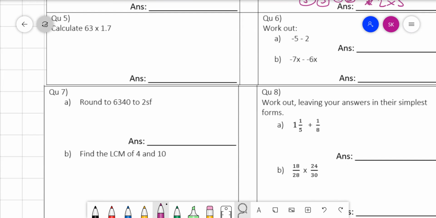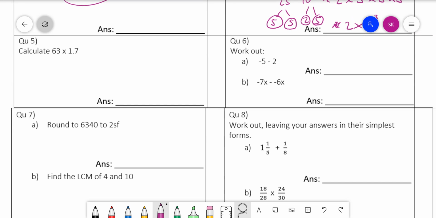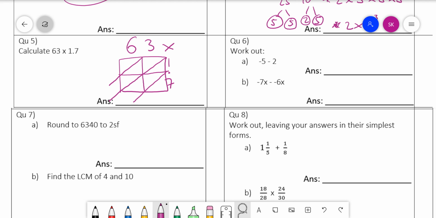Question 5 says calculate 63 times 1.7. Multiplying decimals, gelosia. I'll do my gelosia grid, write out the numbers first, draw the boxes, draw those lines, diagonals go corner to corner. I'm going to do the decimal point now so I don't forget about it.